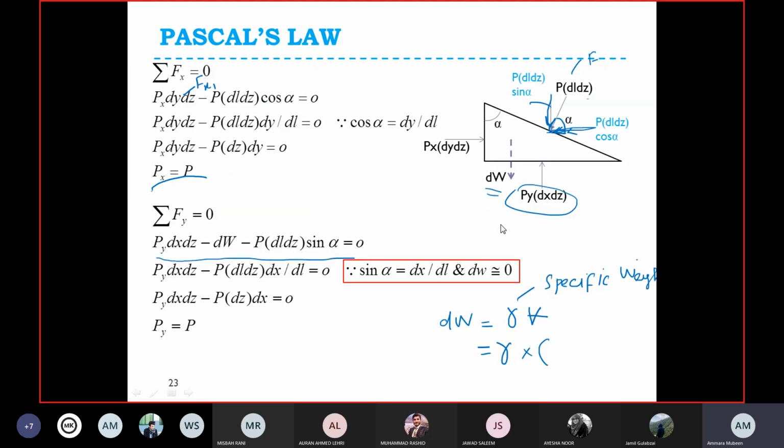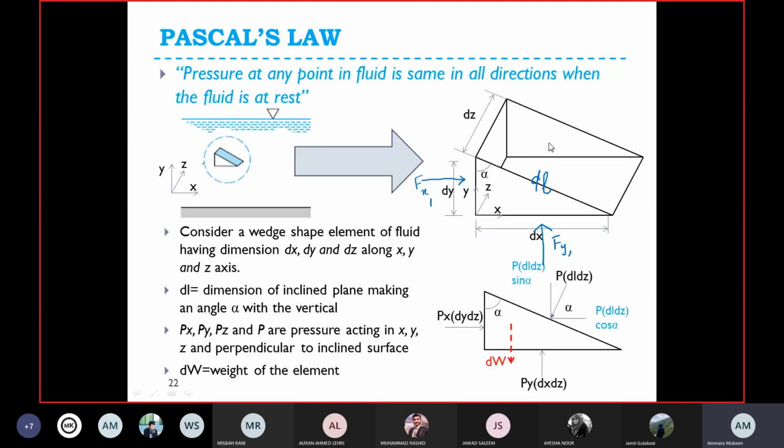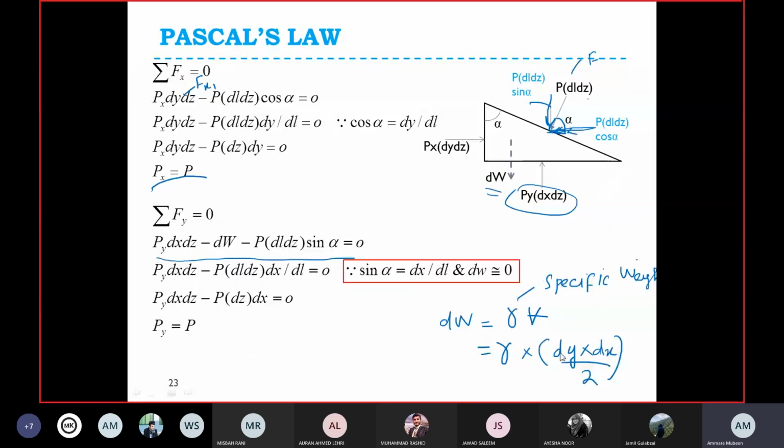For that volume calculation, you multiply dy multiplied by dx over 2, which is the area of this triangle, multiplied by the width of this wedge shape element, which is dz.